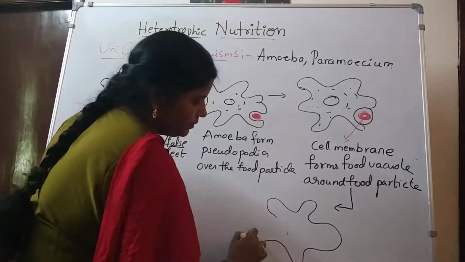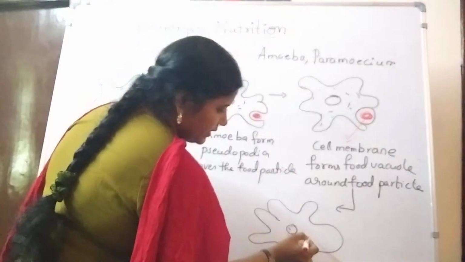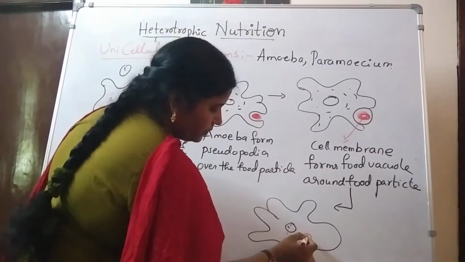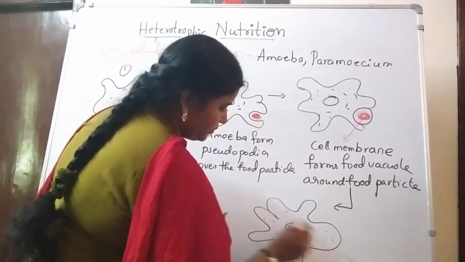Same, the amoeba is not having any particular shape. Now where is the food particle? It is inside, the food vacuole, and it undergoes the digestion process.